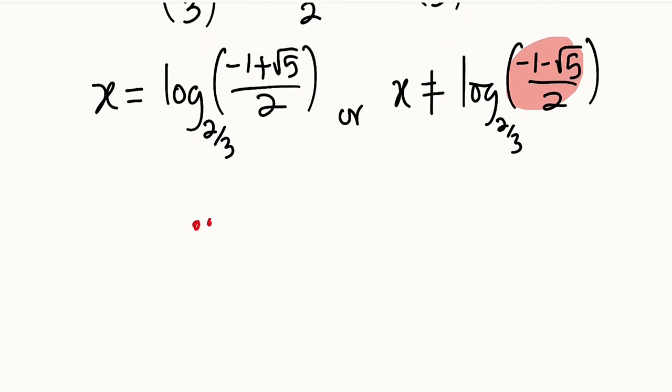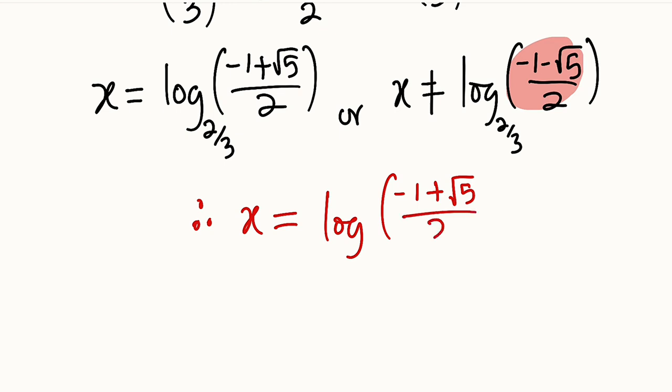Finally, we say that x is equal to the logarithm of minus 1 plus square root of 5 divided by 2 base 2 over 3. This is the most accurate value of x, but if you like, you can use your calculator to simplify and obtain an approximate result, and let us do that. All right, here is my calculator.